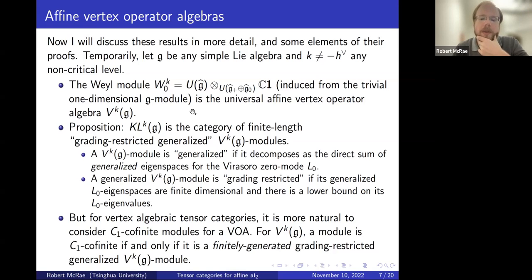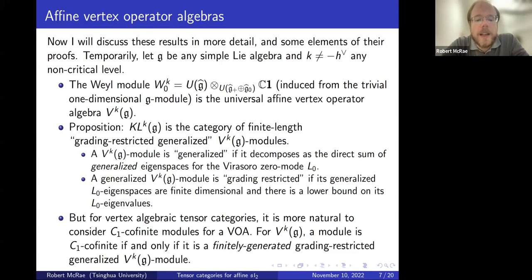It's the universal affine vertex operator algebra, not necessarily simple. So you can characterize this KLK category fairly nicely in terms of modules for this V^k(G) considered as a vertex operator algebra.